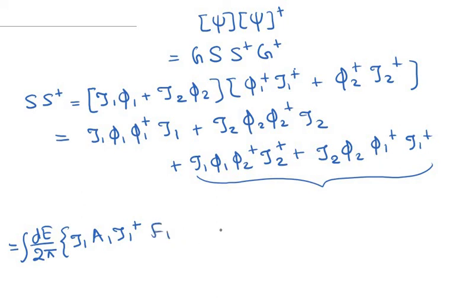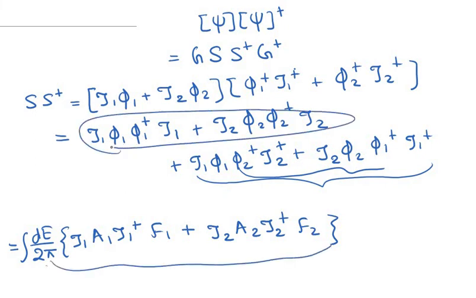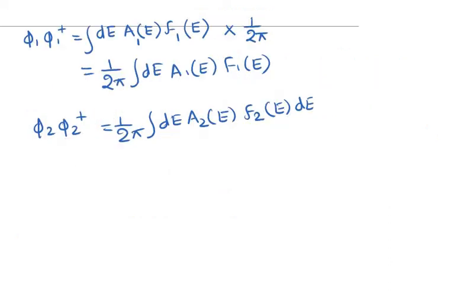These are all functions of energy, but I am not writing that energy argument to avoid making it clumsy. So this term over here comes from these two terms, from what I have derived on the earlier page, that is here.